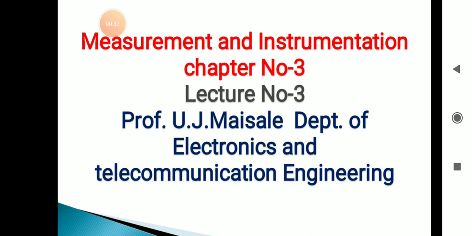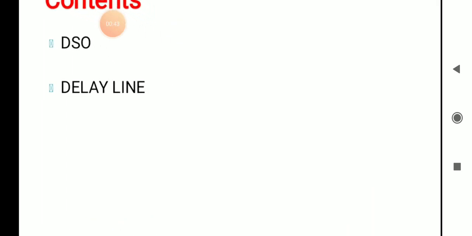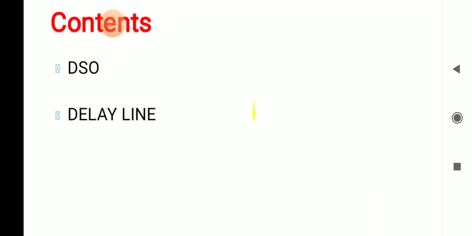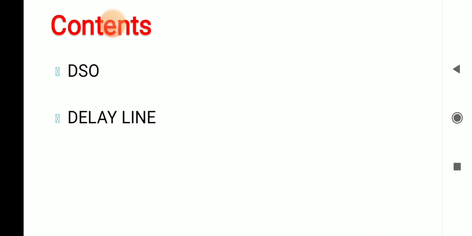Okay, so in today's class we'll move on to the contents: DSO and delay line. In detail we will discuss the block diagram of DSO and also the block diagram of delay line.